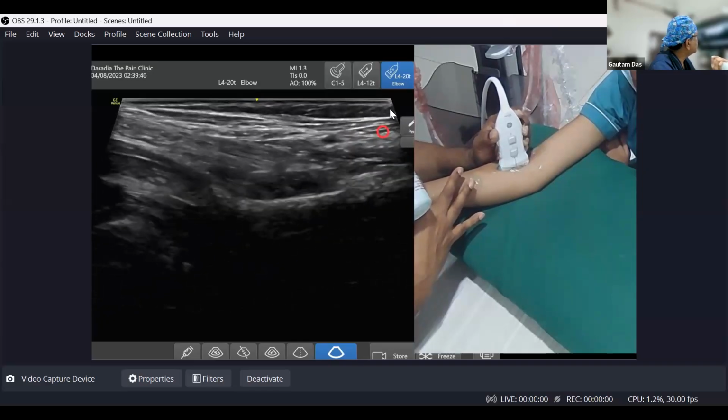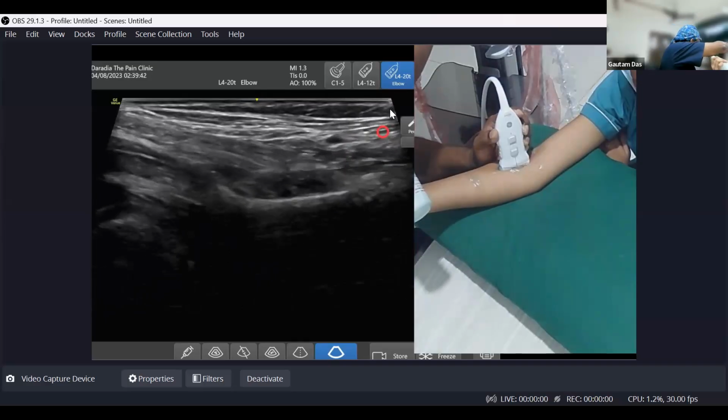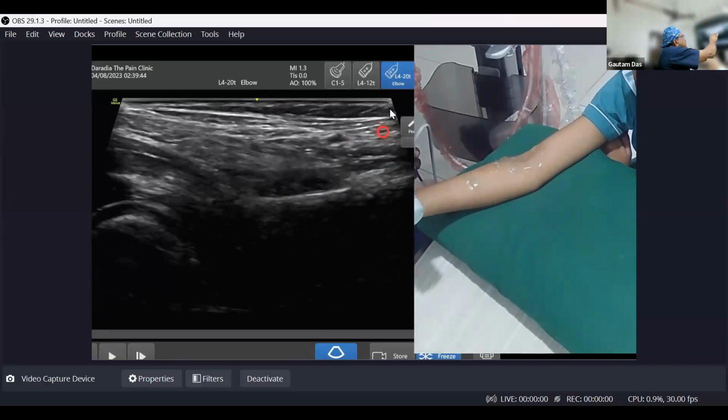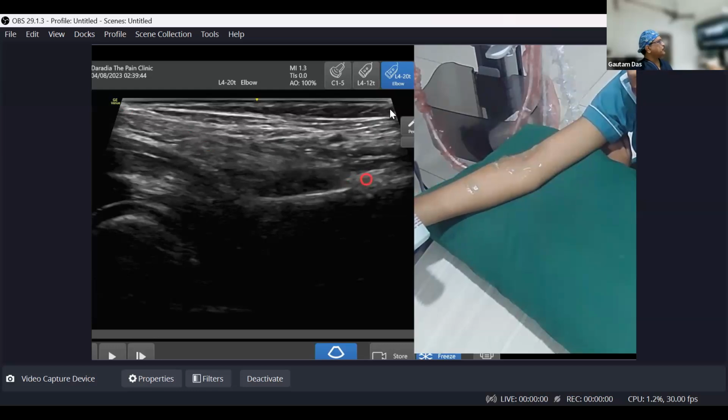So these are the distal biceps, getting attached to this tubercle in the radius. Because it is dipping down, we are unable to see.